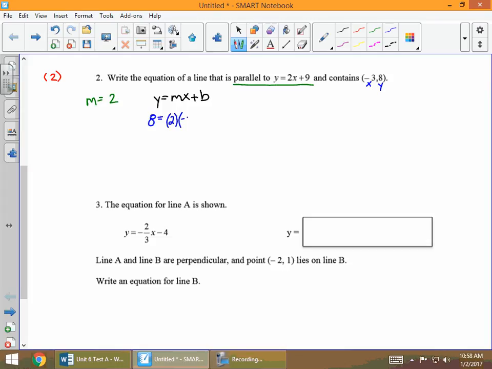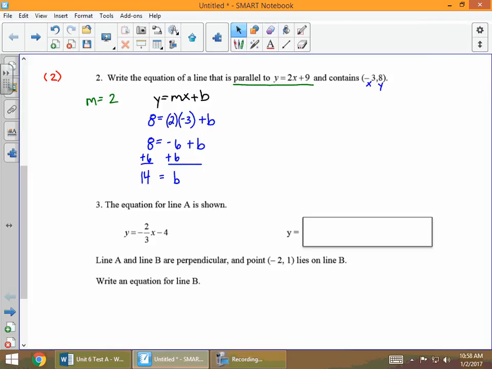The x value is negative 3 plus b. Solve this for b. 2 times negative 3 is negative 6. To get b by itself, add 6 to both sides. So b, 8 plus 6 is 14.